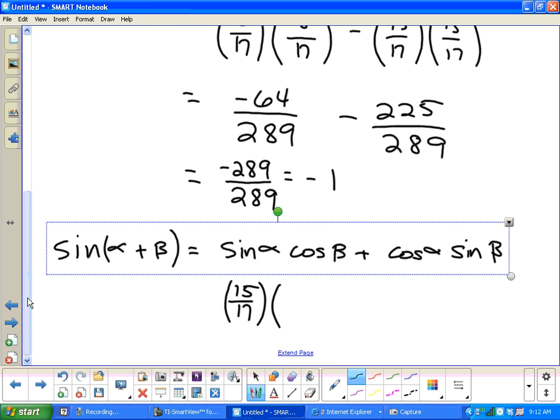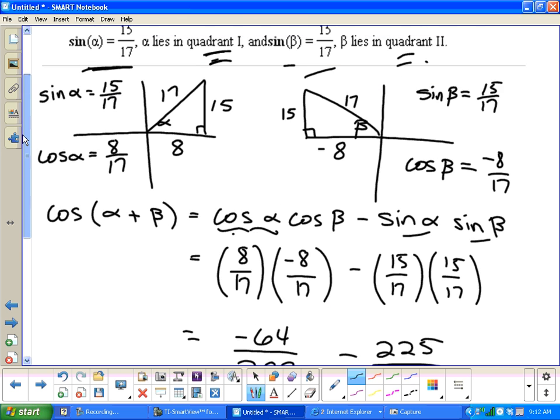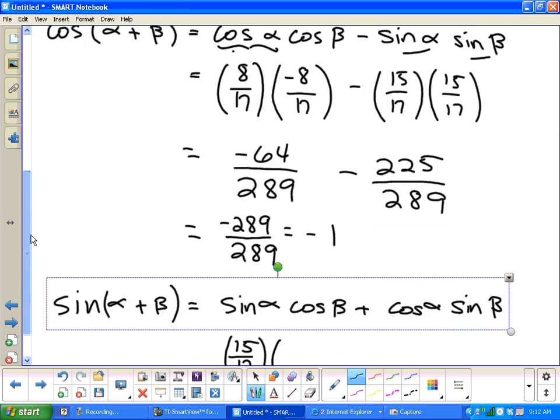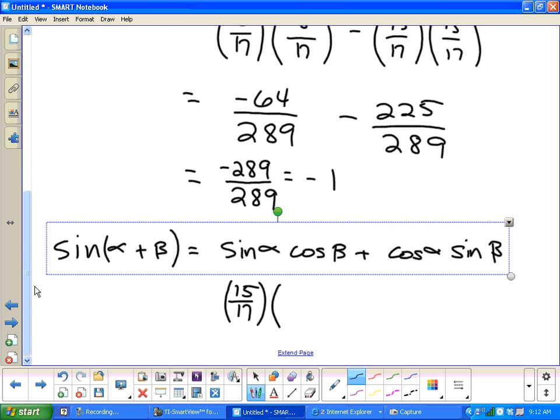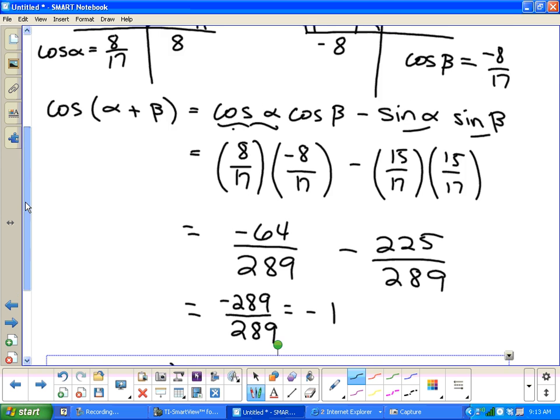Okay. Now, cosine of beta, so back up. And negative 8 over 17. No. Not every time. It was coincidental because the two triangles were so similar. All right, plus, all right, cosine of alpha.